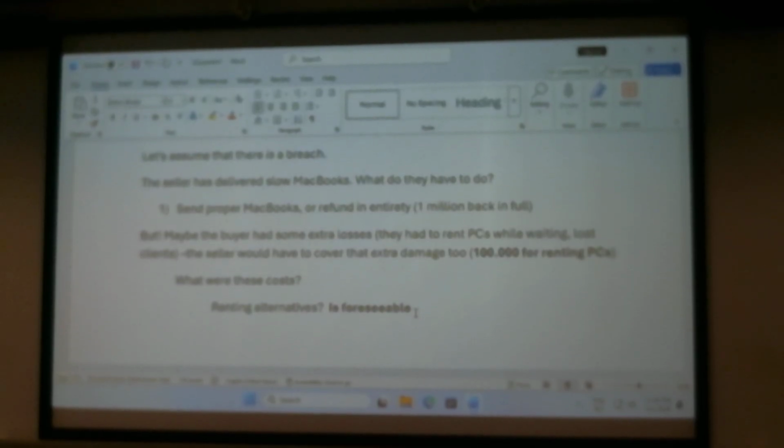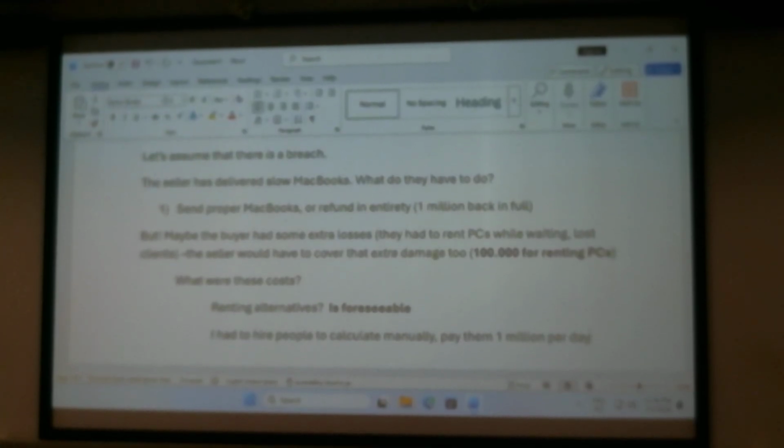But let's say that the seller gets this claim from a buyer who says, I had to hire people to calculate, pay them 1 million per day. Say that they do actually do this.